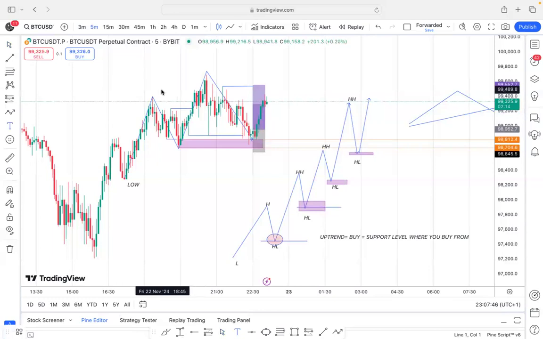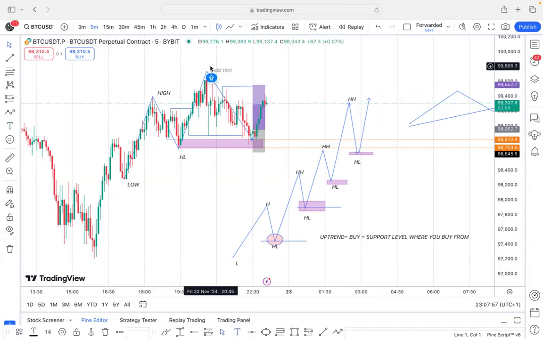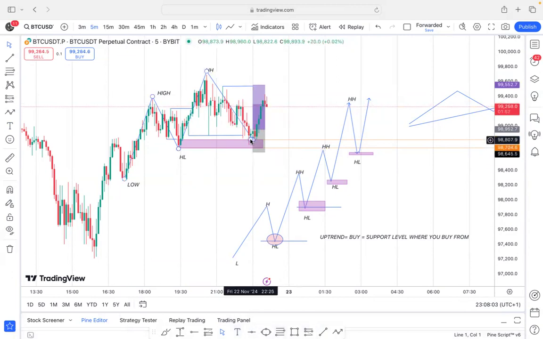This point here will be our high. Now this next low will be our higher low, then this will be our higher high. Meaning that we are expecting price to come back from this high point to create a low point here.